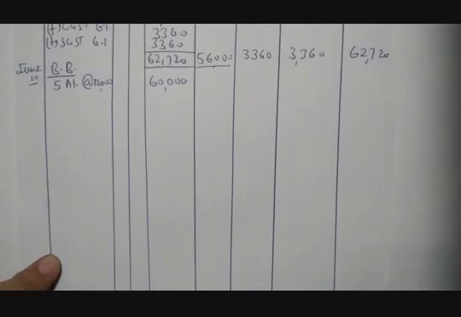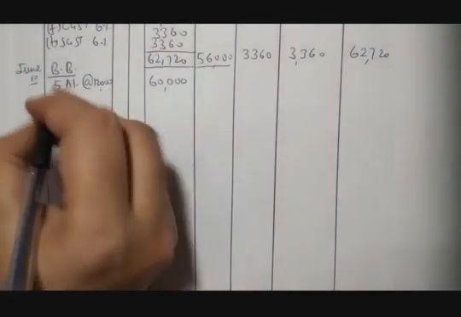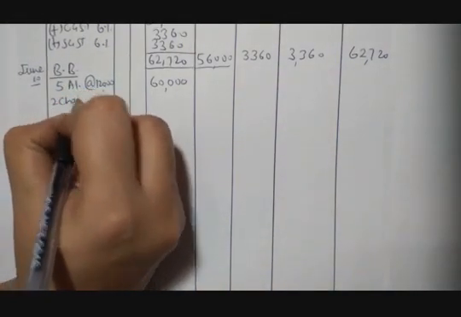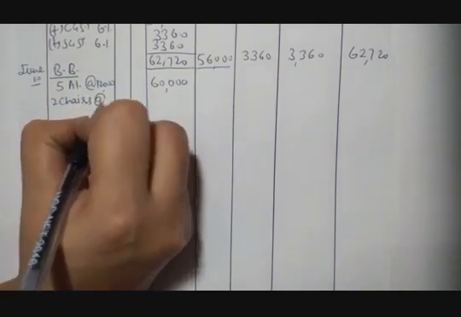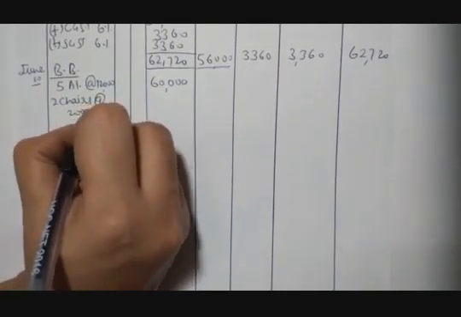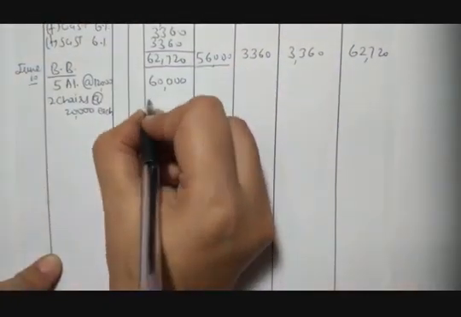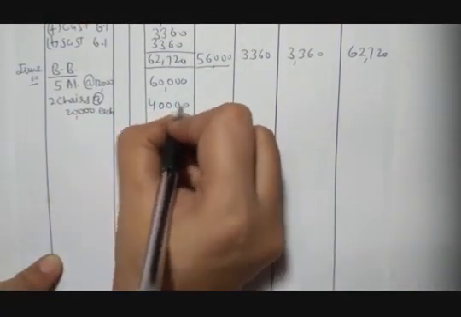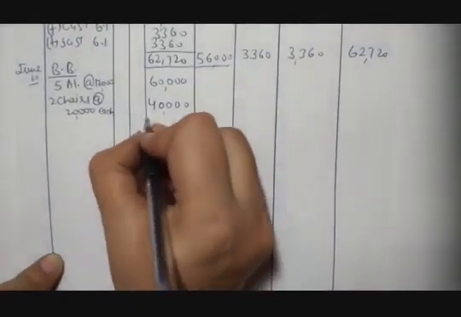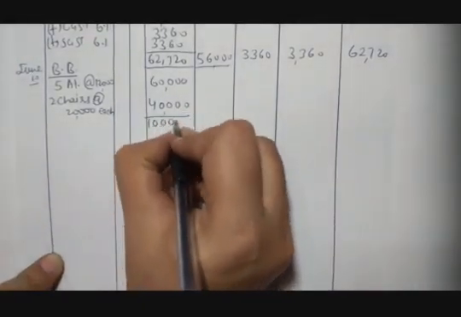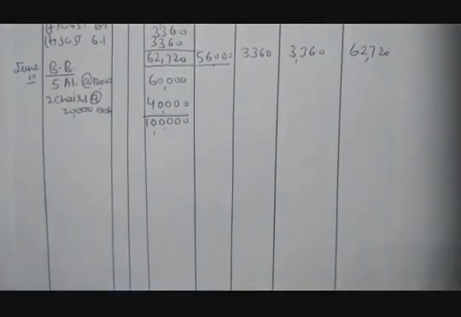Next, they are saying 2 chairs at the rate of 20,000 each. So it will be 40,000. We will write here. Now total will be 1 lakh. Fine.